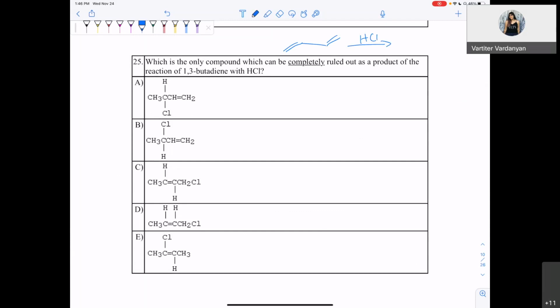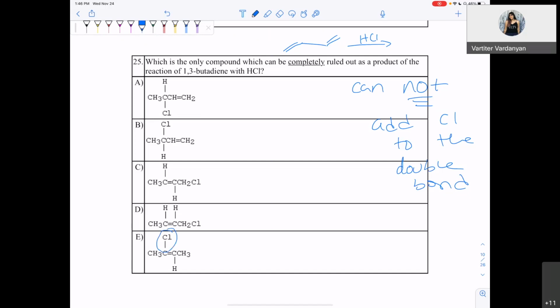And when we do this reaction, we absolutely cannot add Cl to the double bond. So we could add it anywhere except directly on the double bond. So this guy would be ruled out. And that's the correct answer, because it gets completely ruled out.